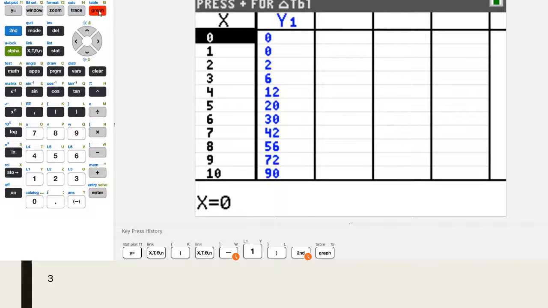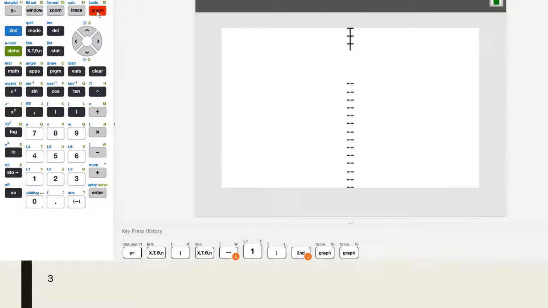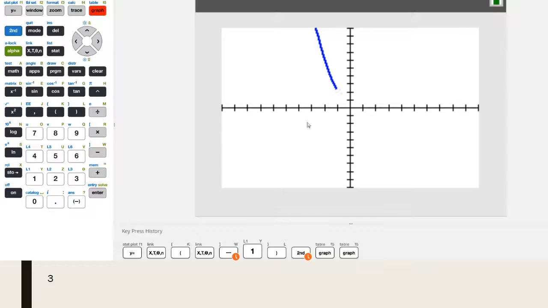Looking at the graph, this is what we see, a parabola that crosses the x-axis in two places. The first x value where the graph crosses the x-axis is at 0, and the second one is at 1.